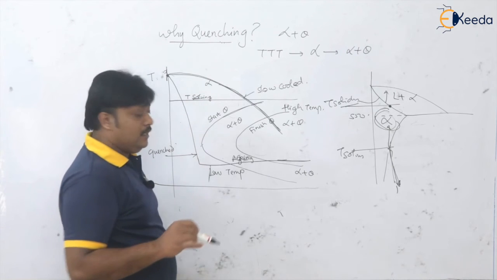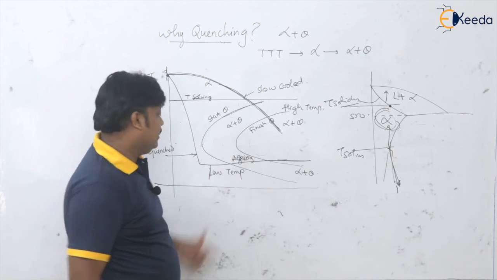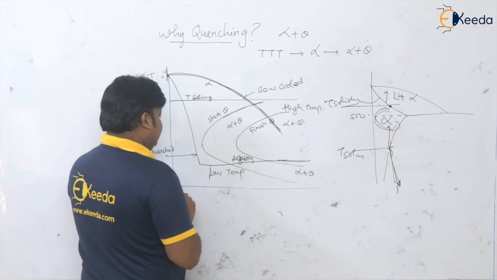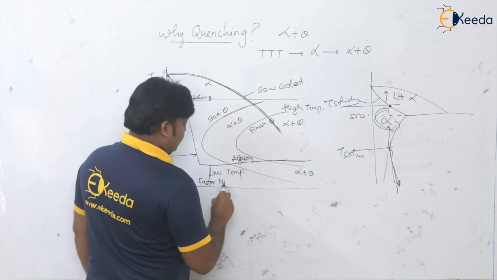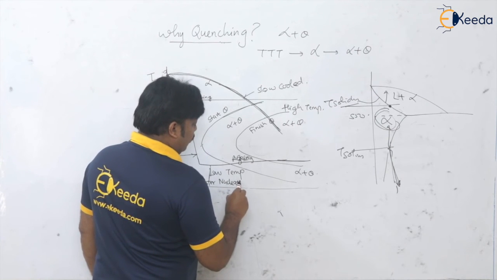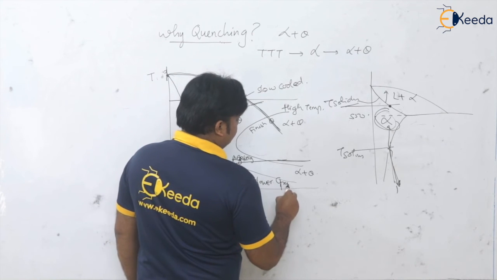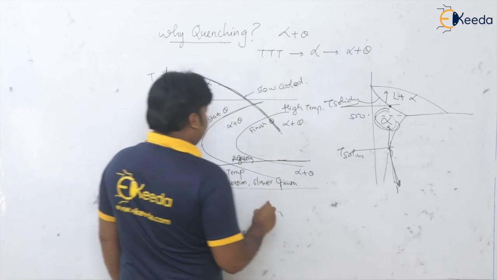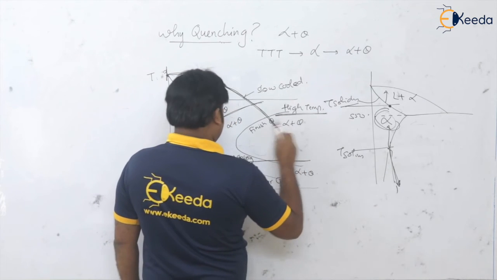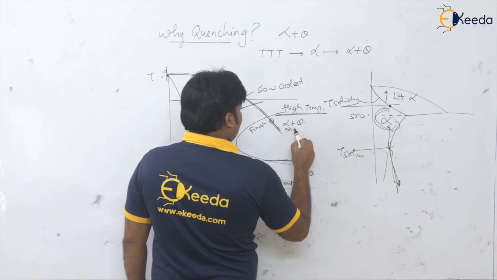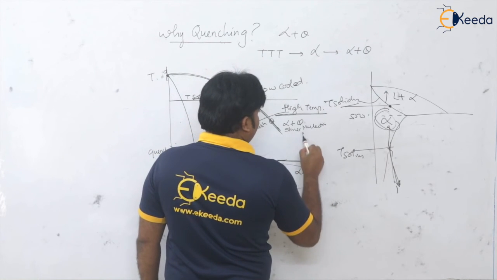And we know that when transformations occur at low temperature, there will be faster nucleation. And how is the growth? Slower growth, very important. And when the transformation is at higher temperature, what happens? There will be slower nucleation but faster growth.